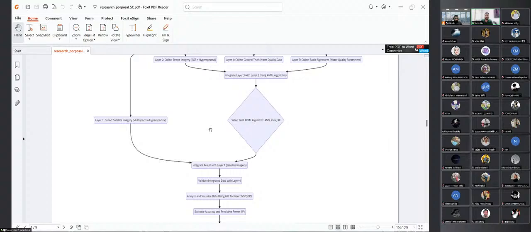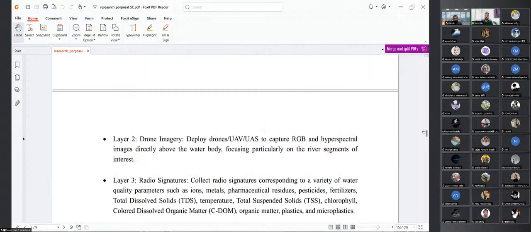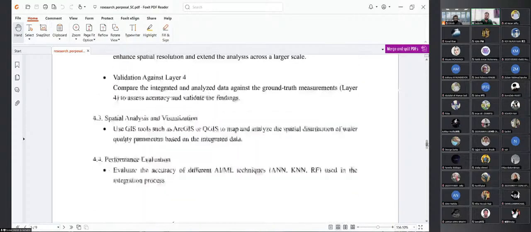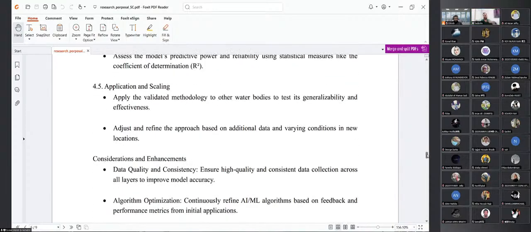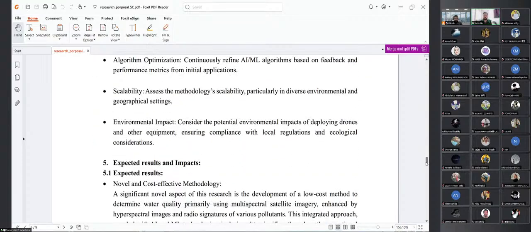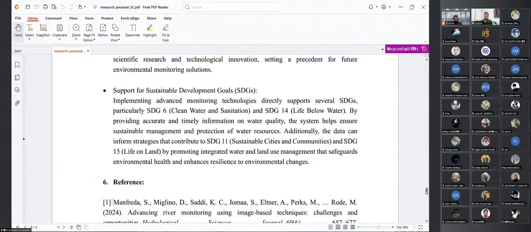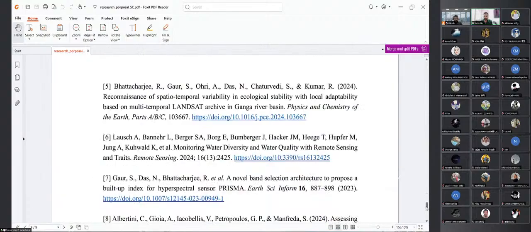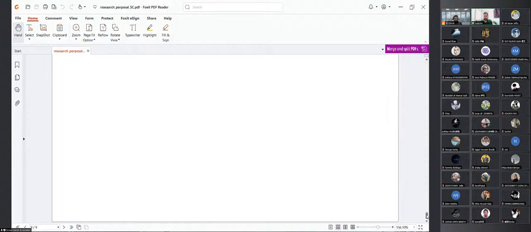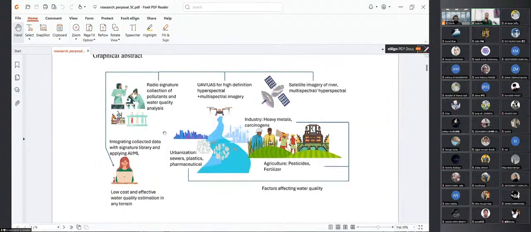For methodology, you can make a figure like this. Now, if I am the editor of a particular journal, I have to read all these things, right? But on top of the paper is the graphical abstract.